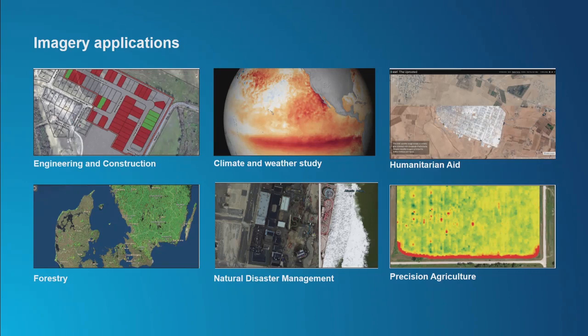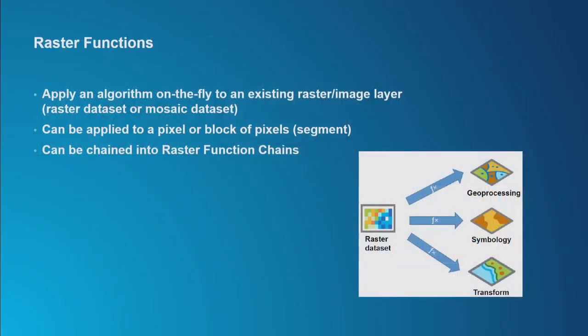And speaking of image processing and analysis, how do we traditionally analyze imagery? Has anybody done some image analysis in ArcMap before? Maybe you have used the Spatial Analyst extension before, right? And maybe ran some geoprocessing tools?